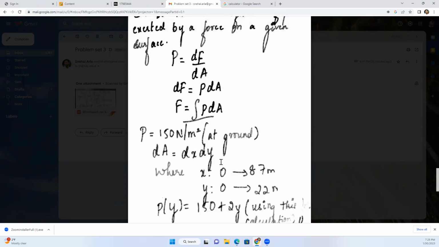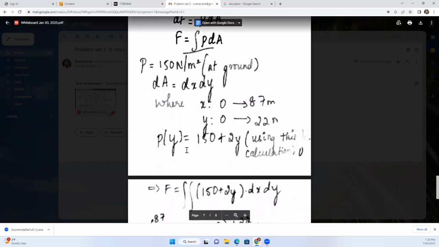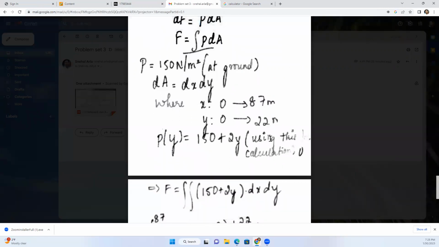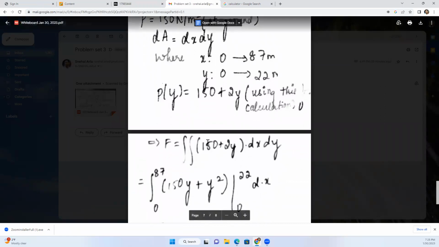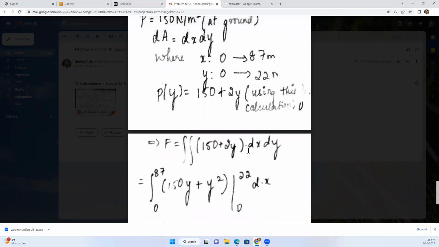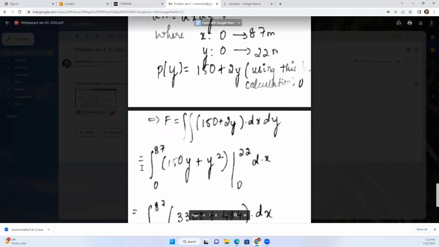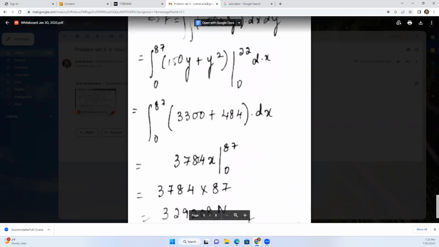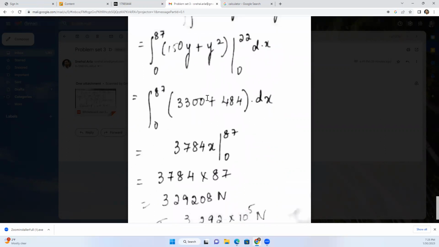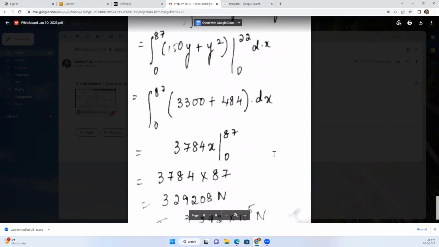Now we know that the area element is x dy. Our x values go from 0 to 87, and y from 0 to 22, with pressure P equal to 150 plus 2y. Integrating 150 plus 2y, we get 150 times 22, which is 3,300, plus 22 squared, which is 484. Putting together these two values, you get 3,784.